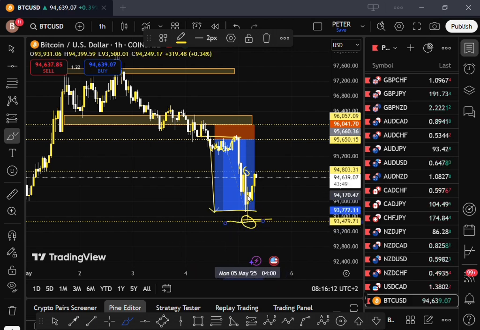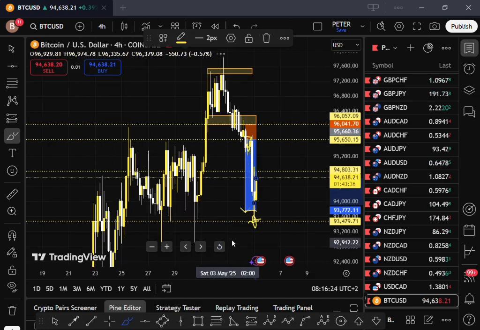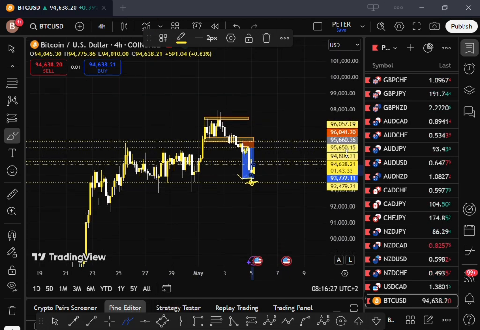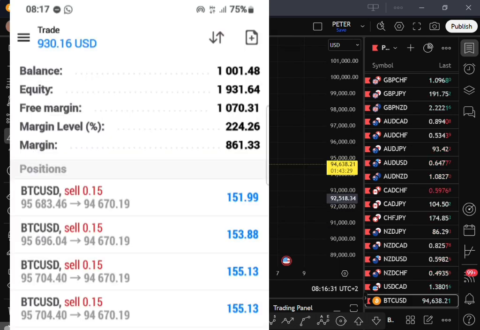You can see this bullish candle, it's rejected from this level and it went up. This is the 4 hours time frame, and let's check what is going on. As we're talking now, I have 916 dollars as profit, so which means this was 1,000 and something.